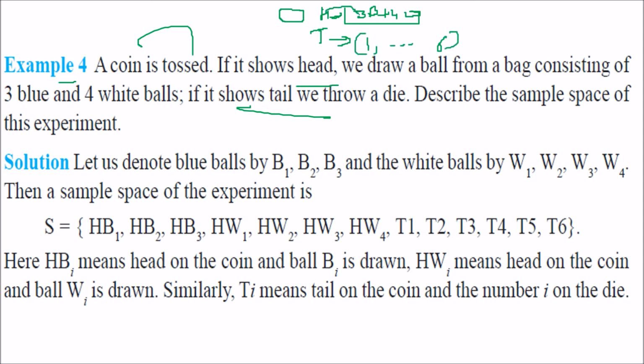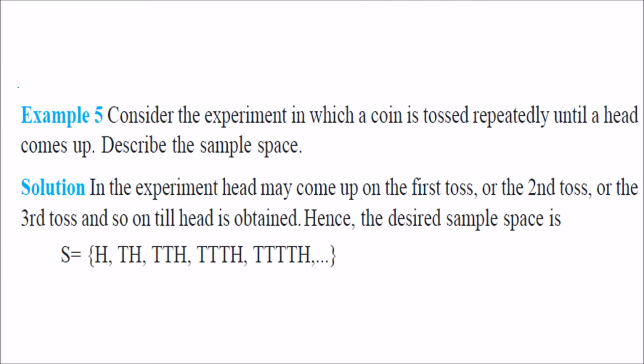So HB1, HB2, HB3, then HW1, HW2, HW3, HW4, then T1 to T6. So if it is head, it can combine with ball 1 being picked up, ball 2, ball 3, and in a similar fashion, head can be combined with the 4 white balls. But if the outcome is tail, then it can be combined with 1, 2, up to 6, because this is the die. So this is how we are going to present the result.